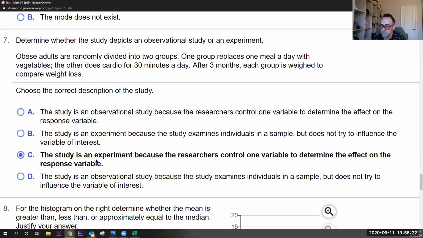So they say the study is an experiment because the researchers control one variable to determine the effect on the response variable. What's the response variable? Like weight loss, probably? Yeah, I guess weight. And the explanatory variable would be like the treatment, whether it's working out or diet. Those are the 2 treatments.